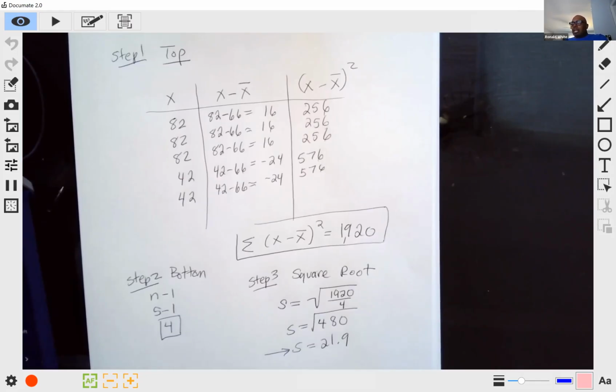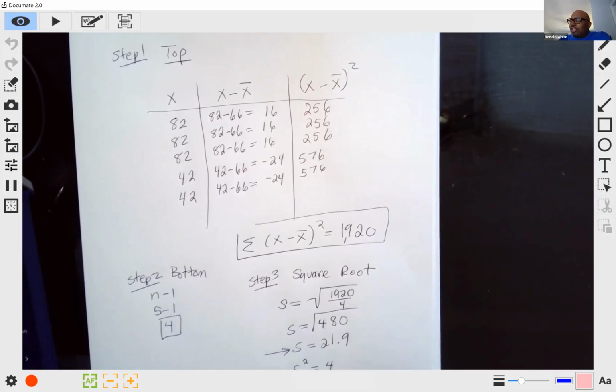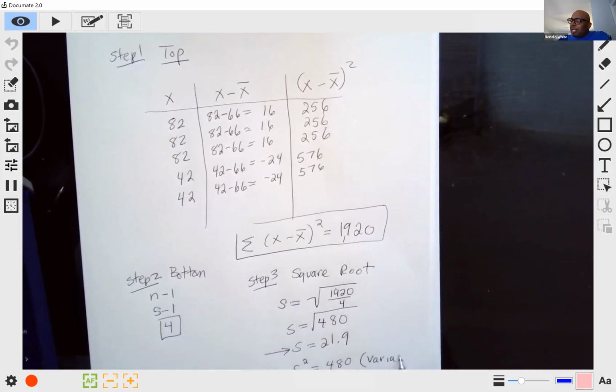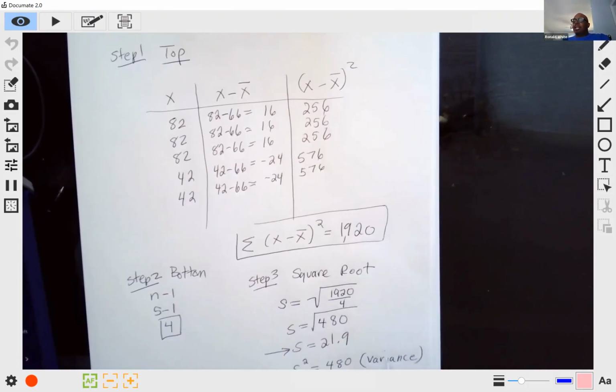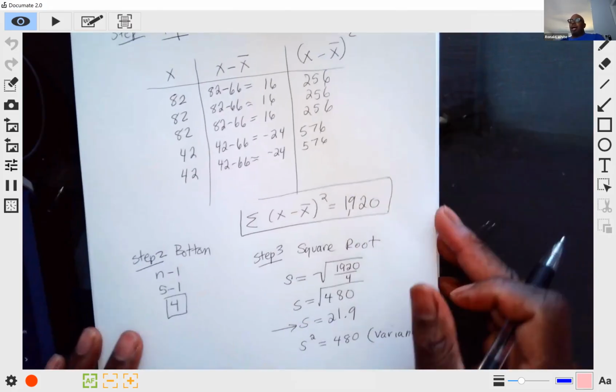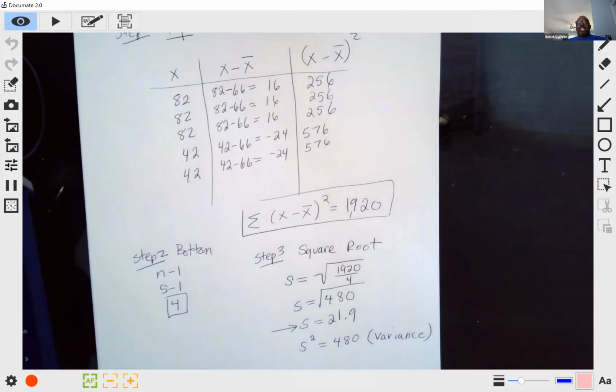Now, this number on the inside is also a very special number. We'll call that S squared. That's called the variance. So remember, you calculated the variance when you attempted to calculate the standard deviation, because the standard deviation is the square root of the variance.